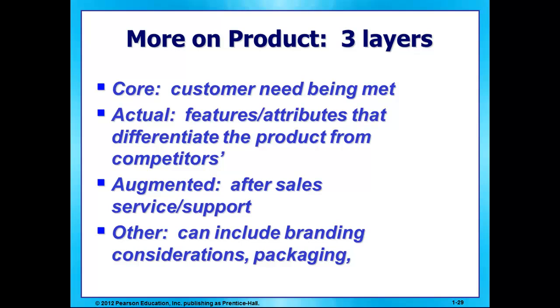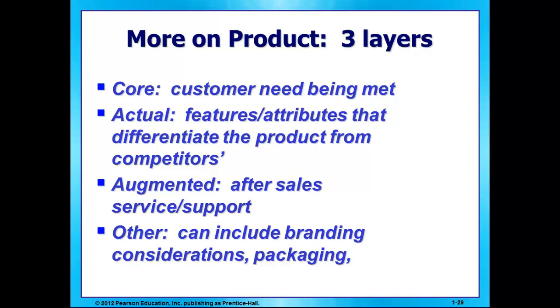For example, when a customer buys a car, they might be meeting their transportation needs, but we also know that customers oftentimes are satisfying psychosocial needs in terms of their own self-image. So the customer need being met is at the center of these 3 layers of the product, and there can be multiple needs being met, and those needs can vary by segment.